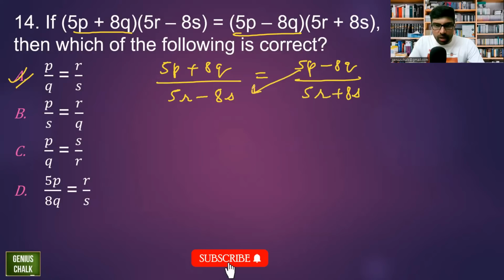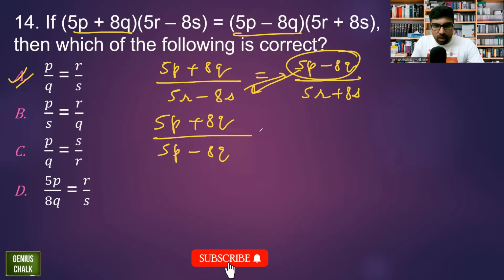So let's take this here and take this here. I just want to keep p and q together. So 5p plus 8q by 5p minus 8q, and this will be going here, 5r minus 8s upon 5r plus 8s, right?